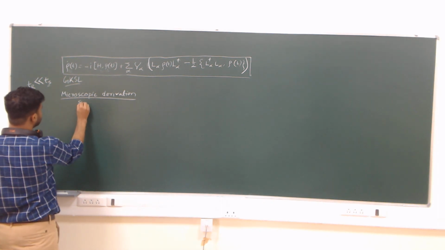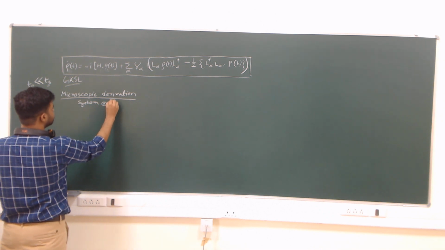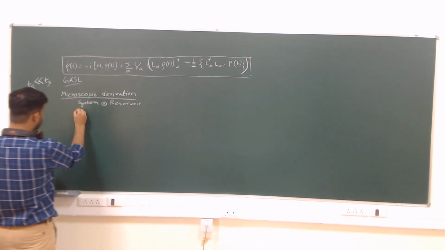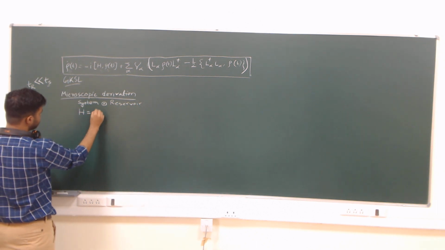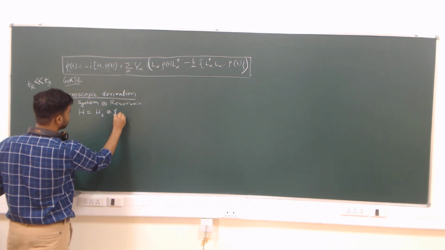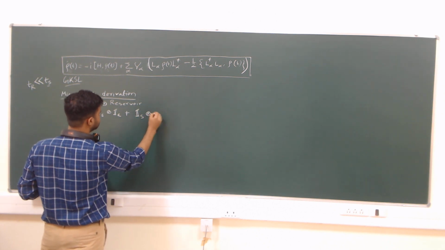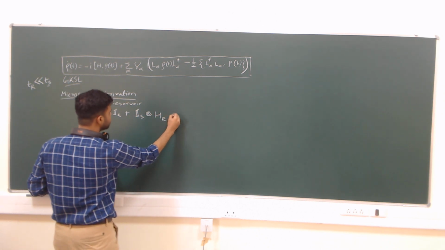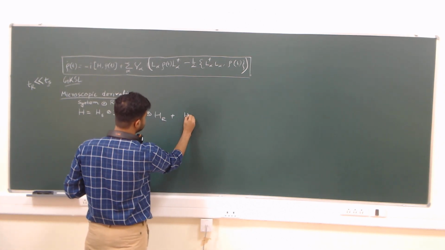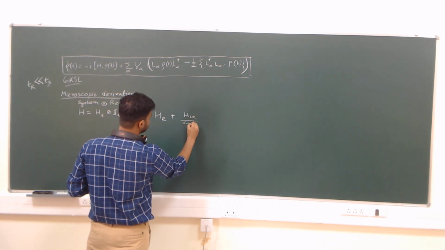So we always have a Hilbert space of this kind, and my total Hamiltonian is, apart from these two, there is a coupling part which I will call HSR. This is the coupling part.